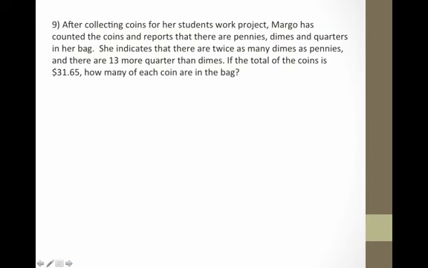This one's going to be a little more complicated, but I know that you all can do this. All right, so I've got pennies, dimes, and quarters in a bag, and I know that the total value of that bag is $31.65. So I've got some number of pennies in that bag, each worth 0.01 or 1 cent. I've got some number of dimes worth 10 cents each, and some number of quarters worth 25 cents each.